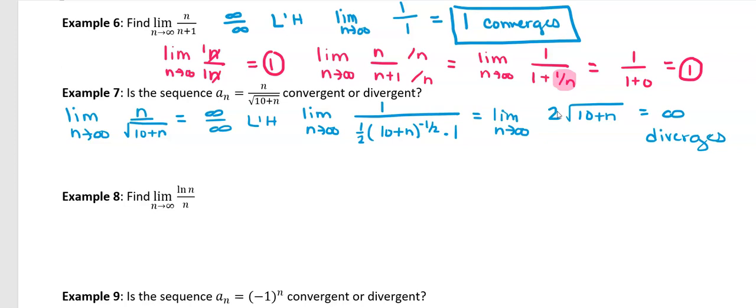Okay, so this diverges. Another way to think about this one is to use that idea of the ratios of the coefficients. Our numerator is an n, and our denominator is basically the square root of n, if we look at the largest exponent there. So the exponent of our numerator is a 1, the exponent of the denominator is a 1/2, so the numerator is larger, and that means it's going to grow faster, and so it's approaching infinity.